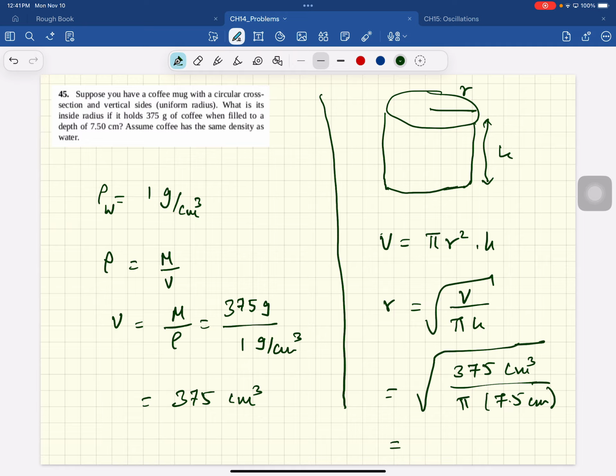So this will work out to about 4 centimeters, roughly 2 inches for the radius.